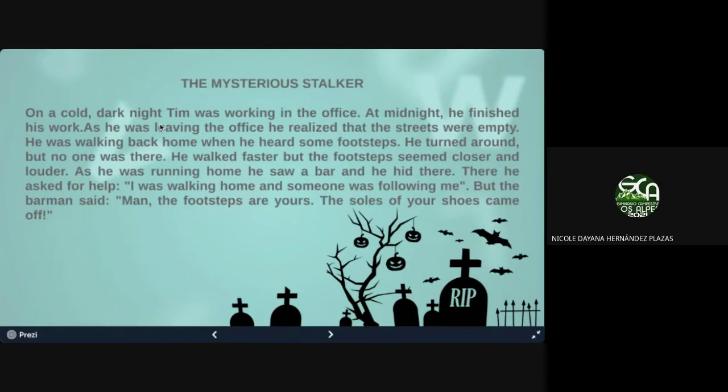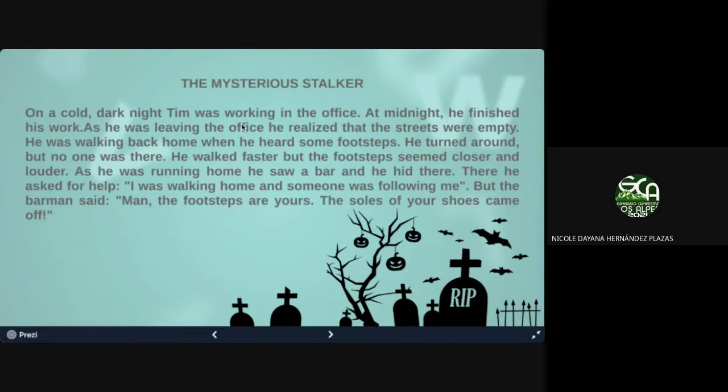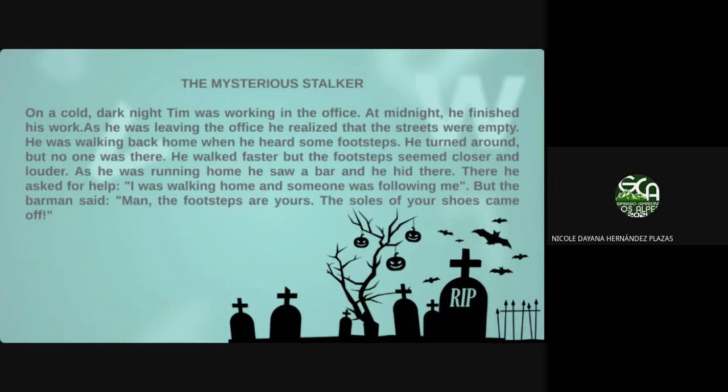On a cold, dark night, Tim was working in the office. So tell me, guys, is that past simple or past continuous? Past continuous. Perfect, Cami, it is past continuous. So look at this. Tim was working. This is the first clue I want you to have.